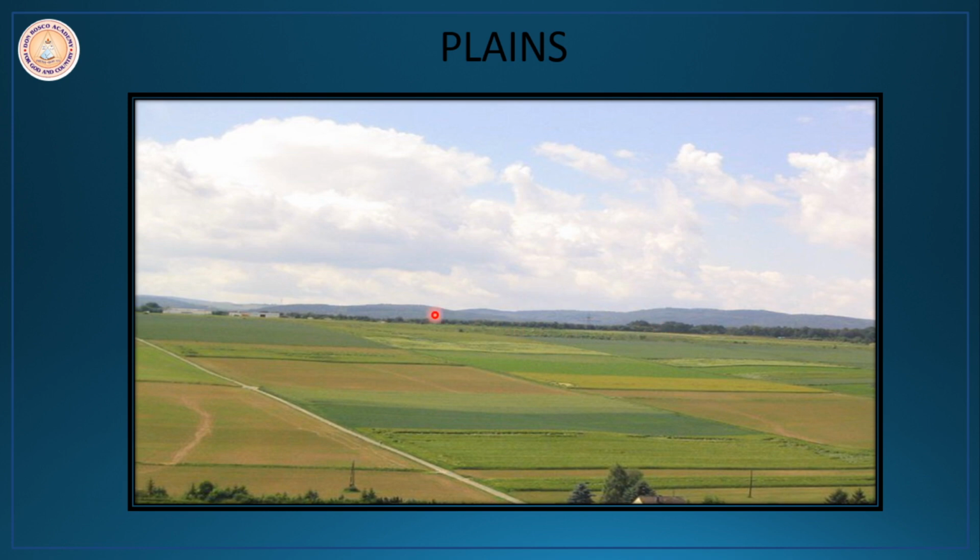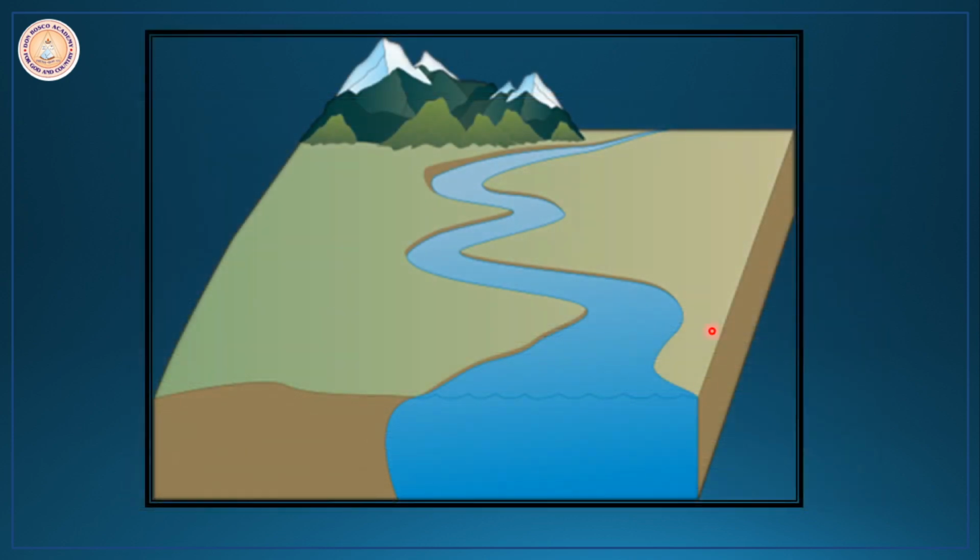So they have been ancient cradles of civilization. Plains made by alluvial soil deposited by rivers support agriculture. So all these areas support agriculture. So we find a heavy population wherever there are plains.